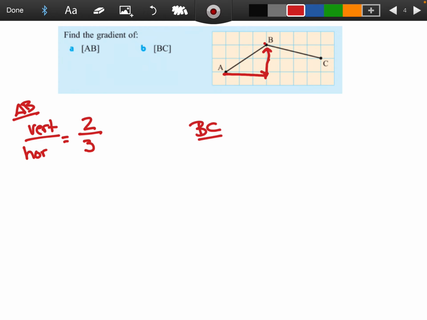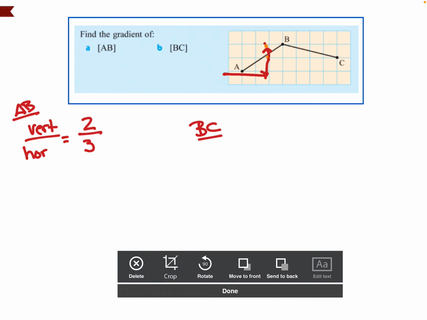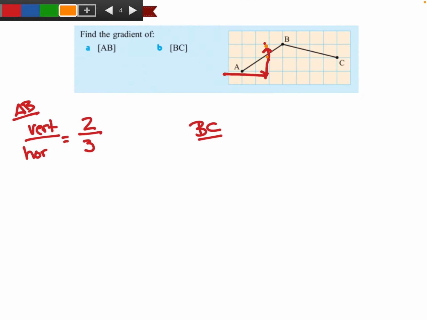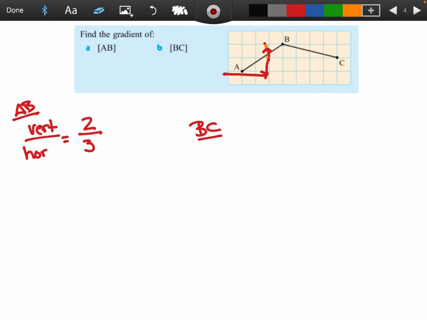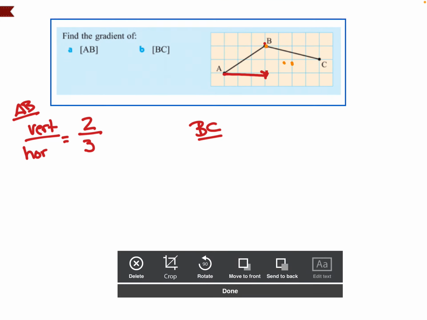BC, on the other hand, we're going, let's change colors. So we're going from here to, get this all lined up again.